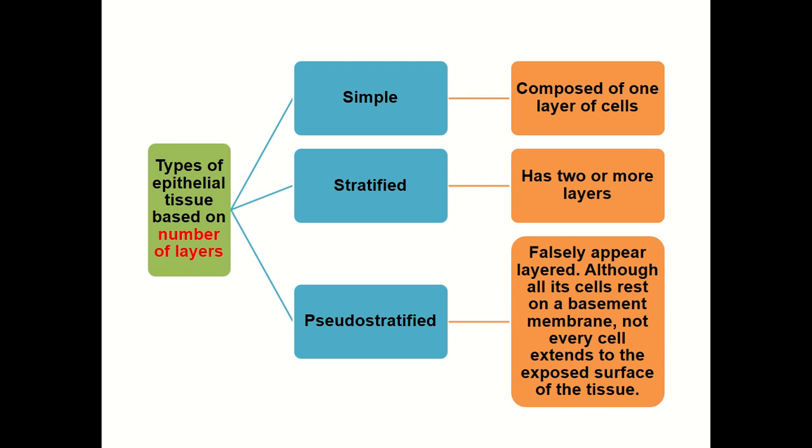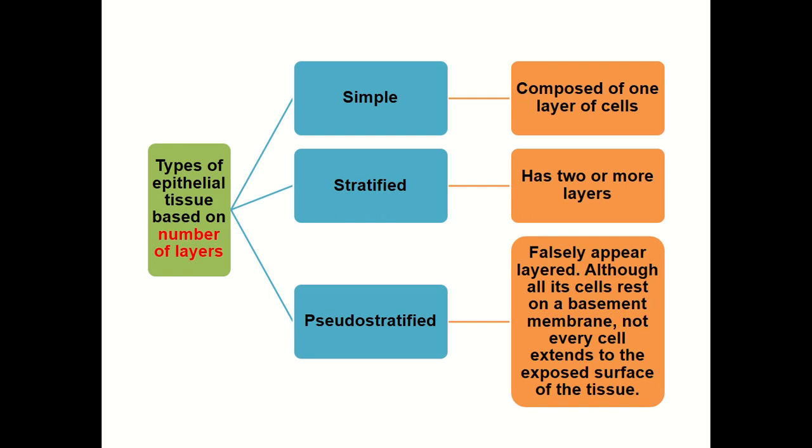For the types of epithelial tissue based on number of layers, we have simple, stratified, and also pseudostratified. Simple means it is only composed of one layer of cells.